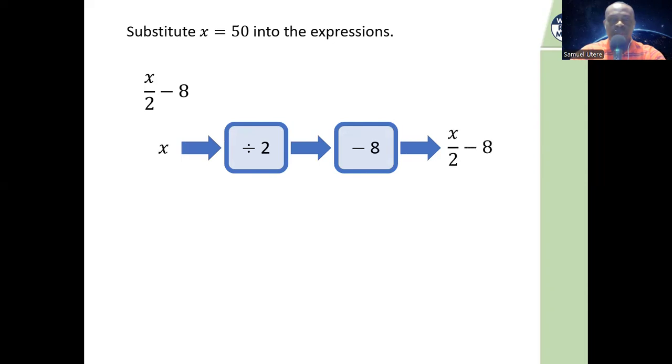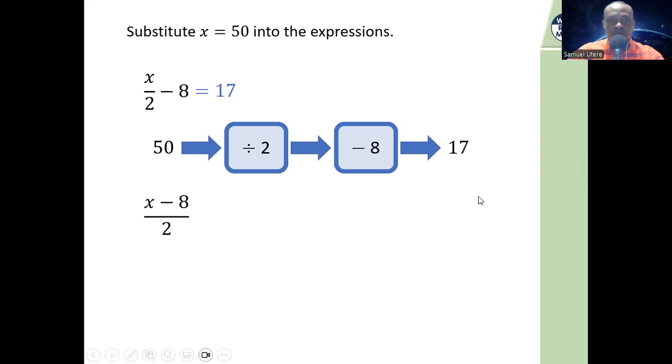And that gives us this expression. So it's important you really understand how to read the expressions to know what's really going on. That makes substitution super easy. So when you put your number in, you're very sure that you get the correct result.